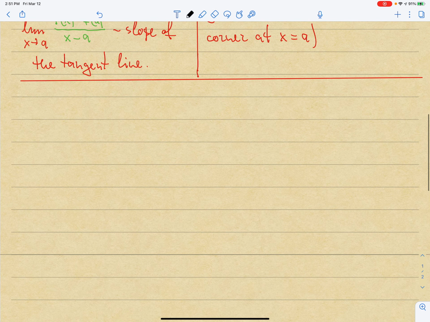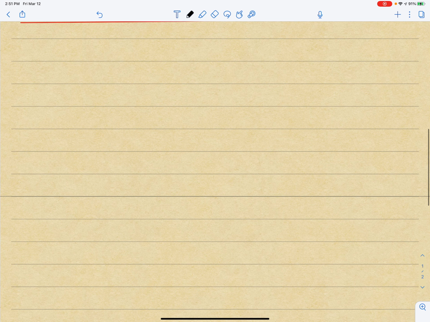Then, definition of a derivative. We identify the derivative with the slope of a tangent line.